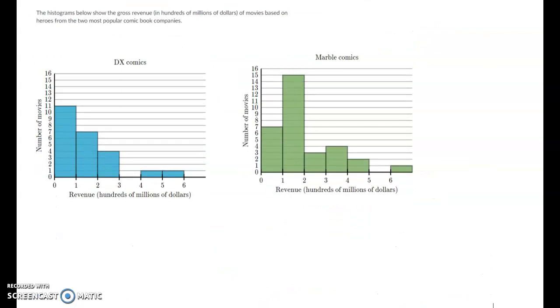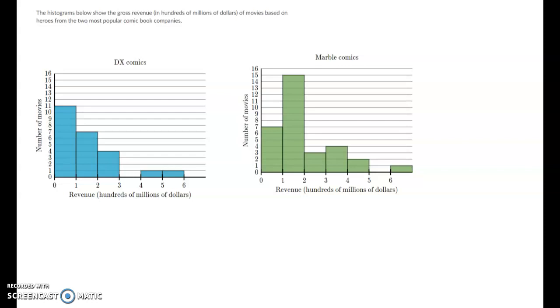You can also compare these things with a histogram. With a histogram, you might not get the exact median, but you might be able to talk about where the median is approximately. The histogram below shows the gross revenue in hundreds of millions of dollars of movies based on heroes from the two most popular comic book companies.